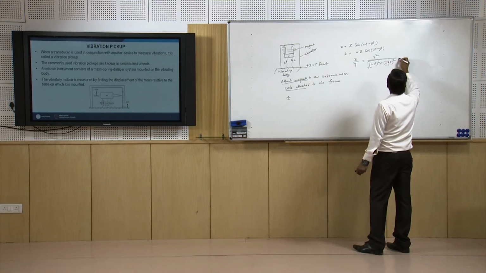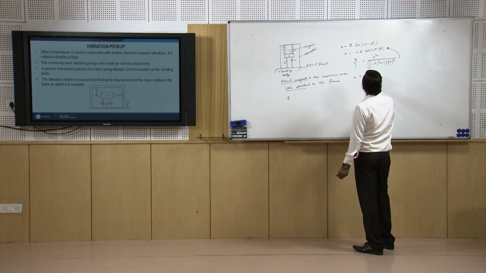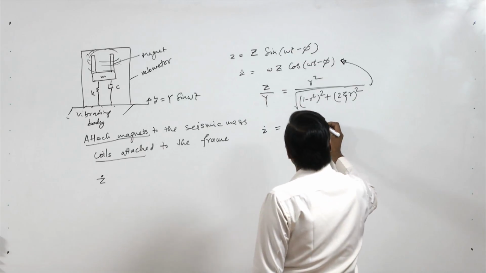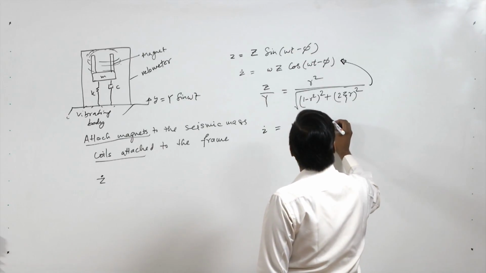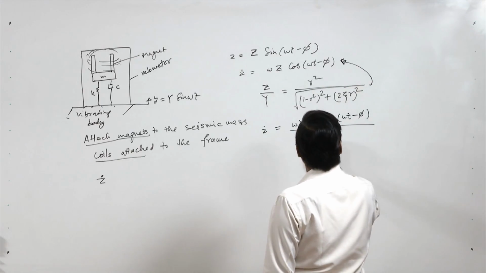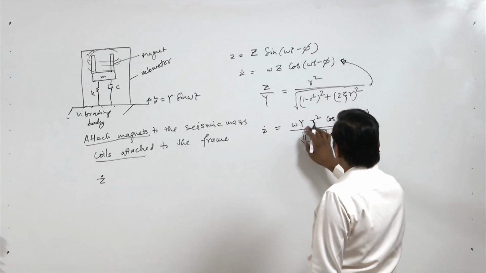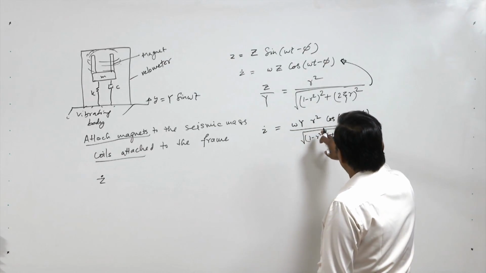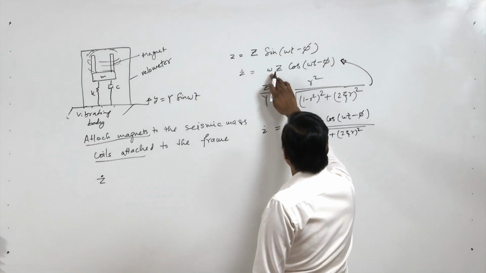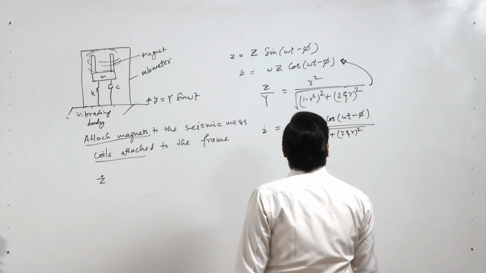So we can put this into the equation, and so Z dot equals omega into Y R square cos omega t minus phi upon the square root of 1 minus R square whole square plus 2 zeta R whole square.